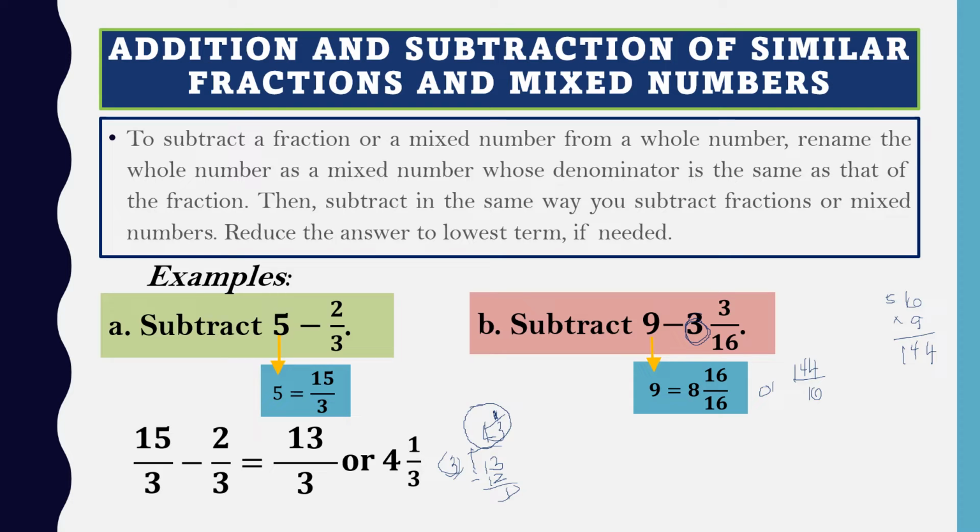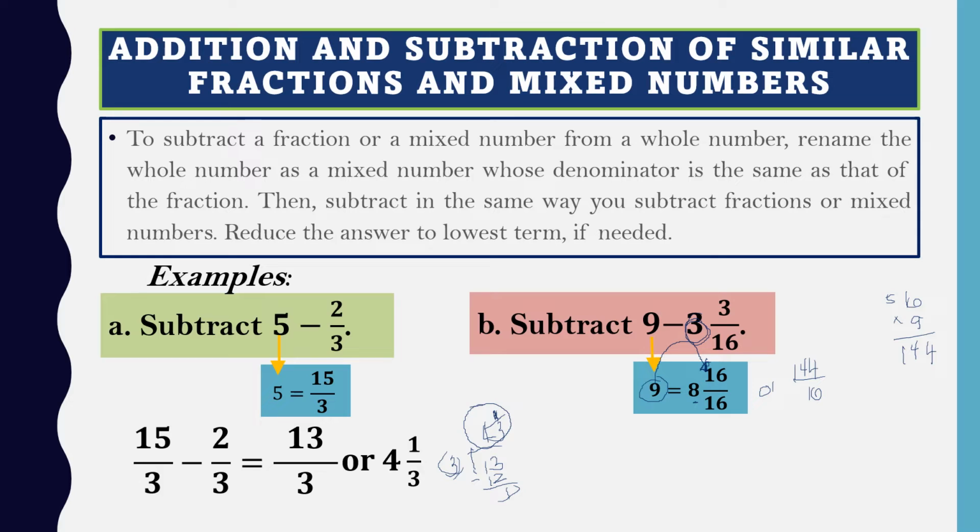But since we have here a whole number, it is easier for us to simply write it this way. We have 9 here. We just remove 1, and that 1 is equal to 16 over 16, since 16 divided by 16 is equal to 1, and then we are left with 8. If you simplify 8 and 16 over 16, that is still equal to 9.